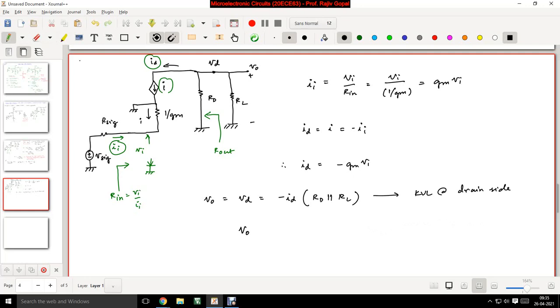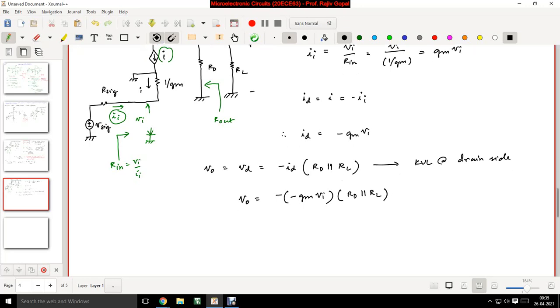So V naught is equal to minus of minus Gm into Vi into RD parallel RL, so V naught is equal to Gm into Vi into RD parallel RL. Therefore Av is Gm into RD parallel RL.